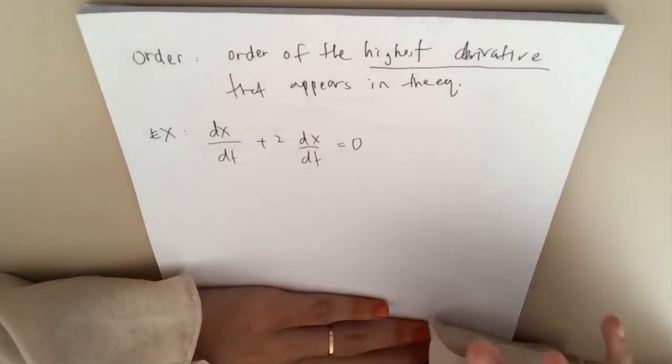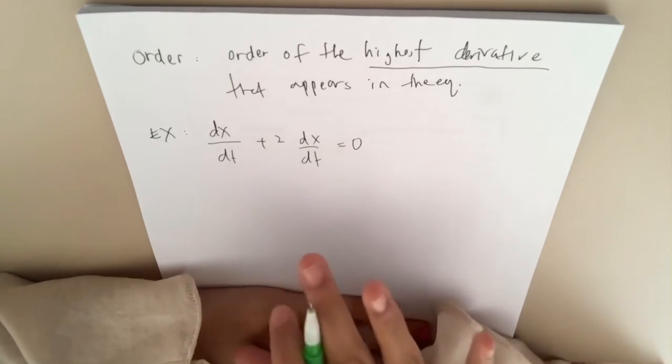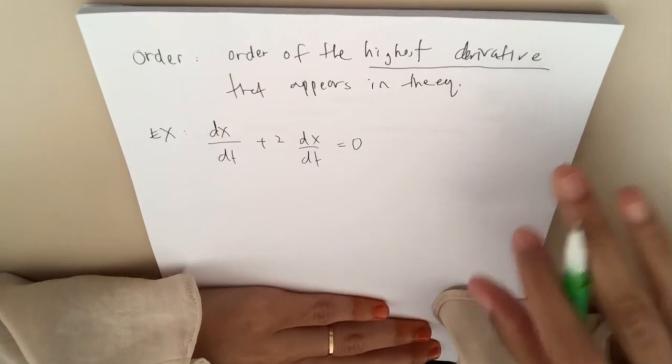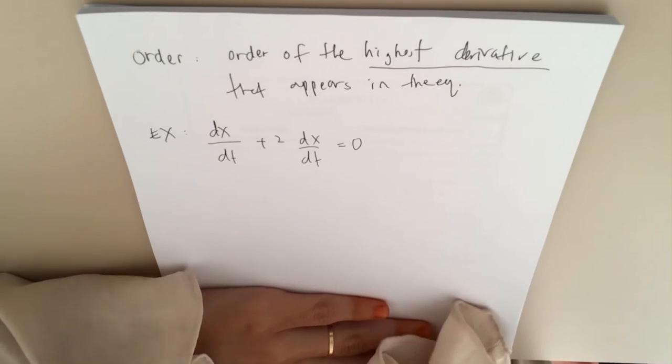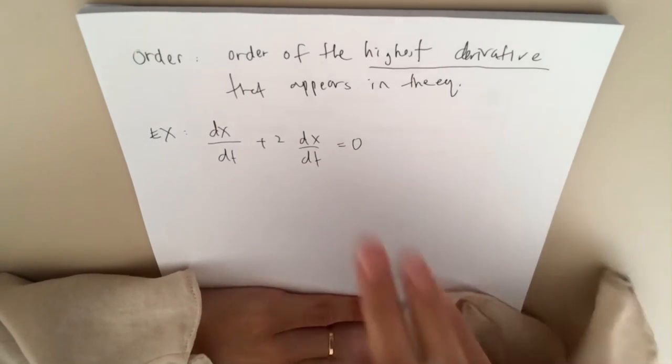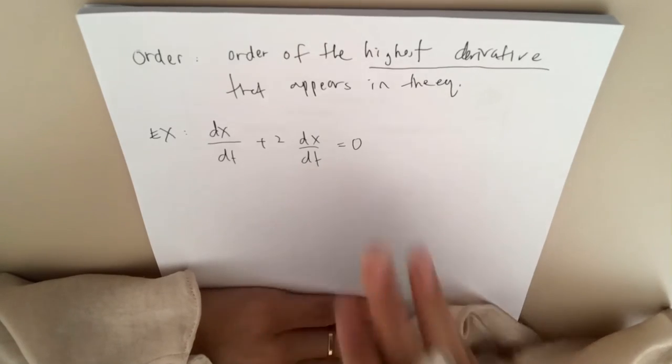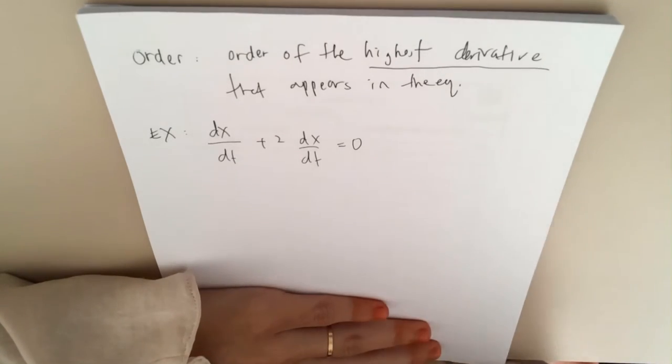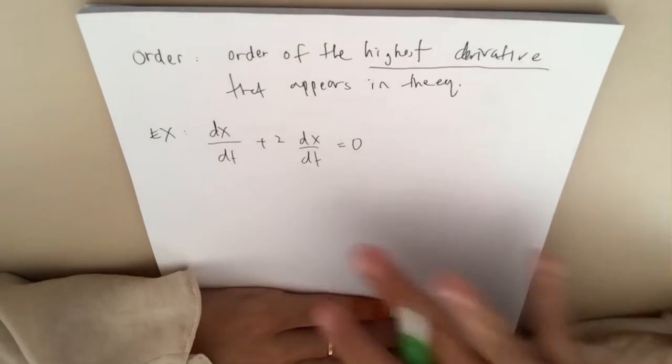For now, my question is about order. It's not related to ODE, PDE and so on. Even though actually you can find out whether this is ODE or PDE, in this video I will focus on the order.